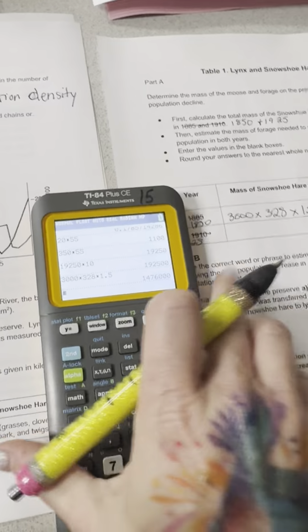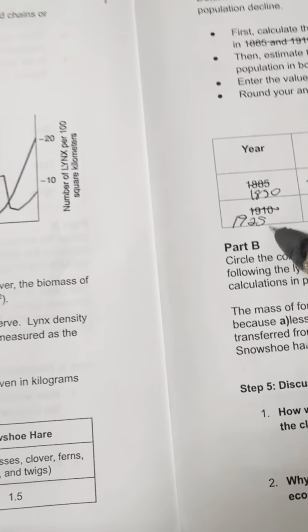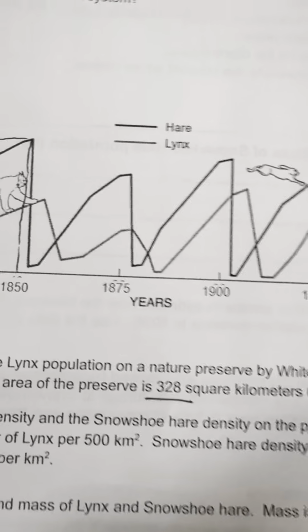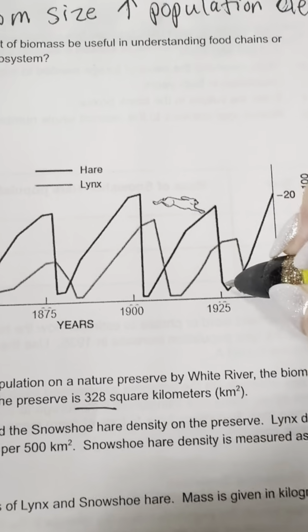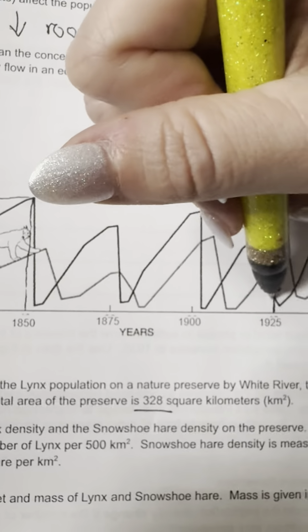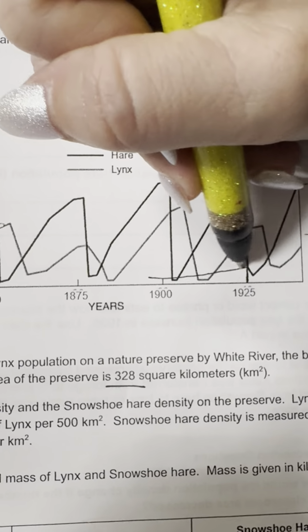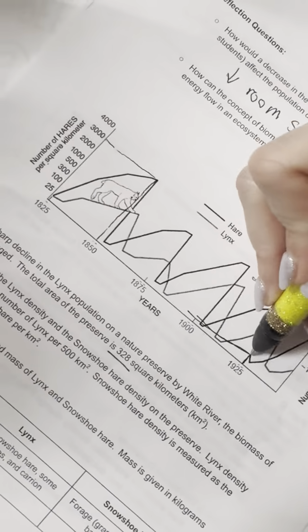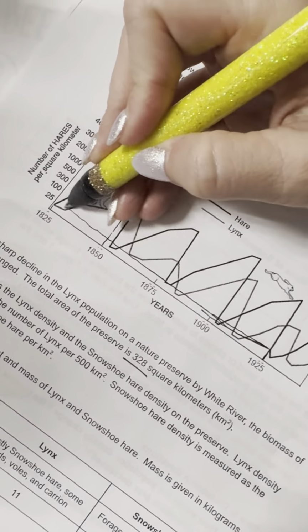And then we do the same thing, but now I need to look for 1925. So come over here. We're looking at where 1925 stops. So it's about at the end of this. I'm going to trace it over, as straight as I can. You approximately will say about 25.